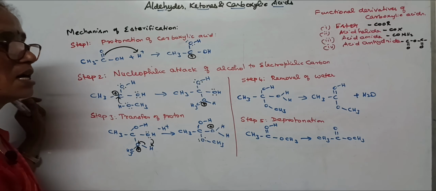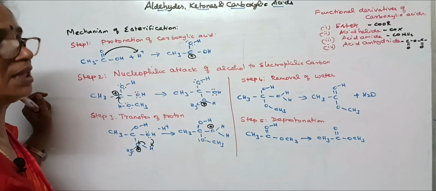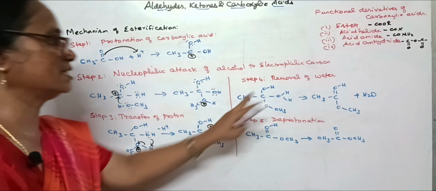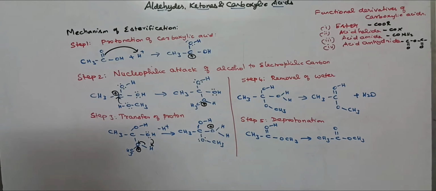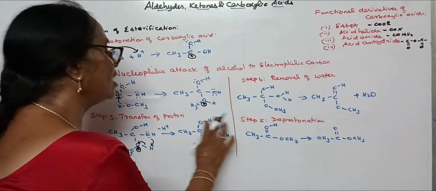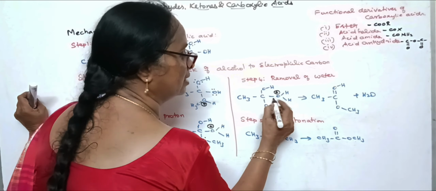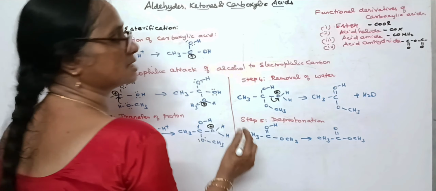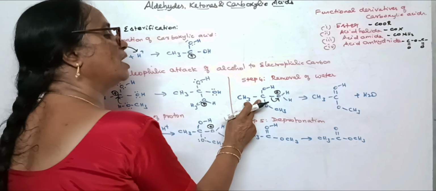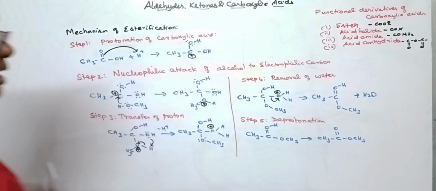We know well the oxygen never is stable with a positive charge. So the next step of the reaction is the removal of water from this species. Being oxygen carrying the positive charge, it withdraws its shared pair of electrons from the carbon atom, and hence we are getting water.